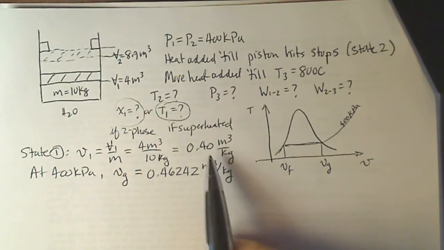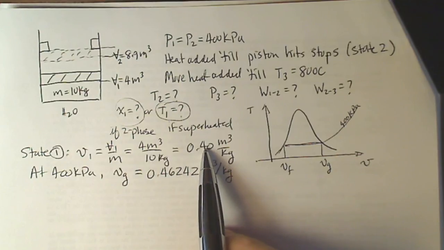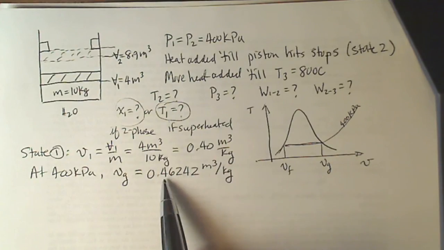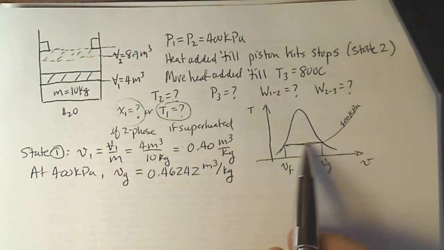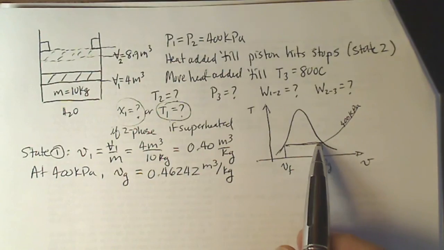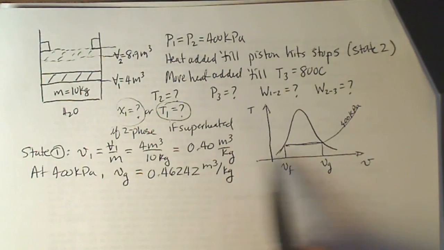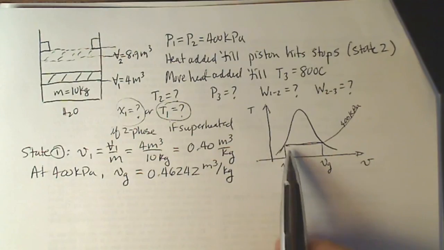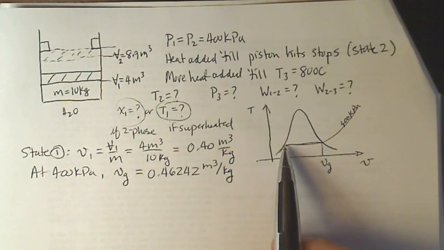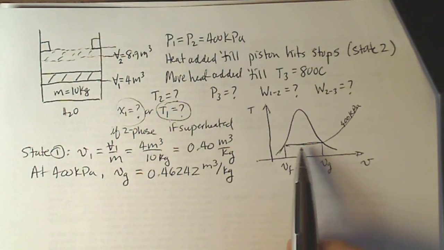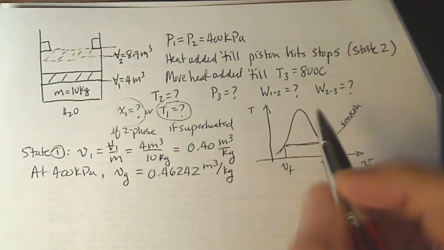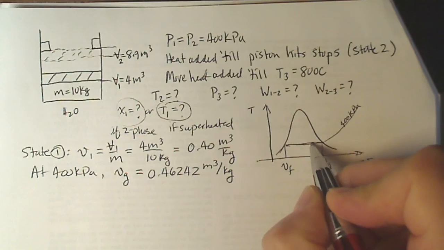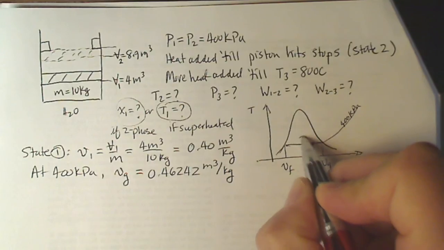And since the specific volume that is given is less than that, we know it's to the left of this saturated vapor line. But furthermore, since we can quickly see that the specific volume of the saturated liquid is very small, like 0.001 something, we recognize that v1 is somewhere in this region.